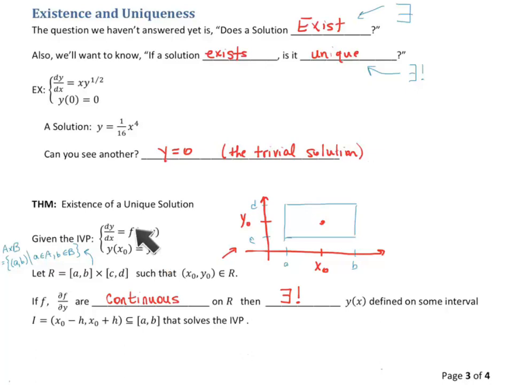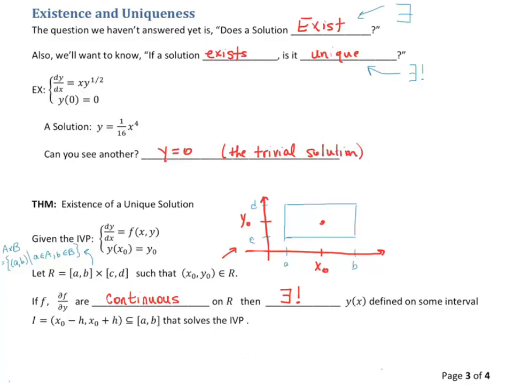Now, it has to be a partial because f now depends on two variables here, and we're taking the derivative with respect to the y variable. If that is continuous on some closed rectangle that contains x naught, y naught, then there is some unique solution around x naught, on some interval around x naught.